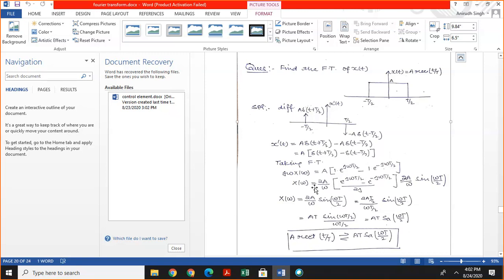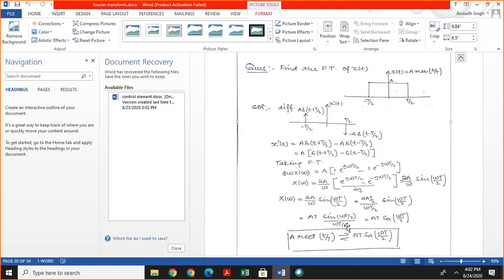And if we rearrange this equation, we get finally 2A by omega sine omega T by 2. And if we rearrange this equation, we get A T sine omega T by 2 divided by omega T by 2. And we know that sine x by x is equal to the sampling function.